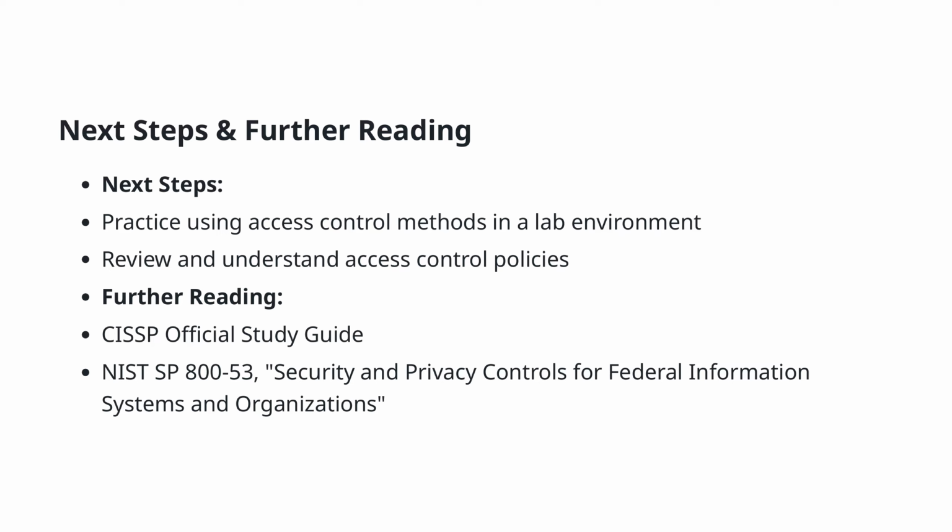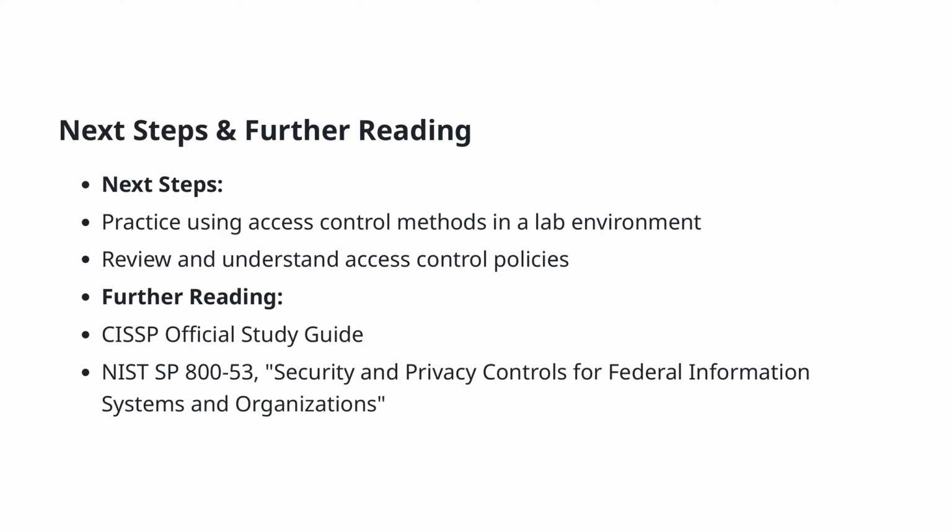Now that we've covered the types of access control, DAC, MAC, RBAC, and ABAC, along with their implementation and best practices, let's move on to the next steps and further reading recommendations. First, it's important to practice using these access control methods in a lab environment. This hands-on experience will solidify your understanding and help you become more proficient. Second, review and understand the access control policies relevant to your environment.